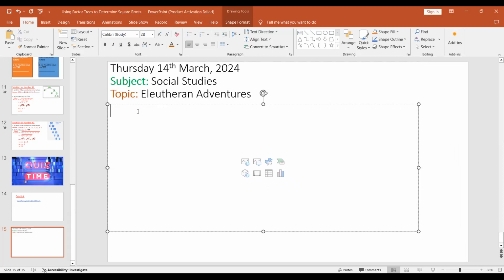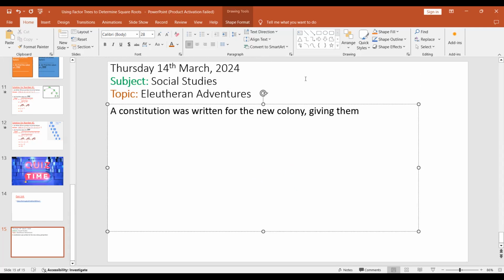Okay, so a constitution was written for the new colony, giving what? Write this down for me, please.